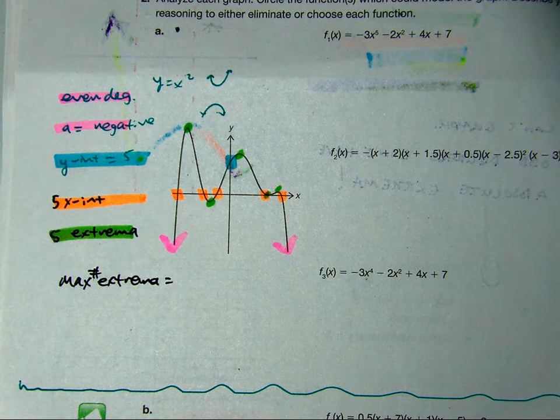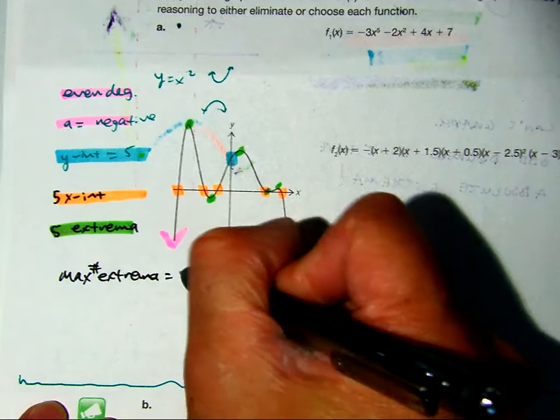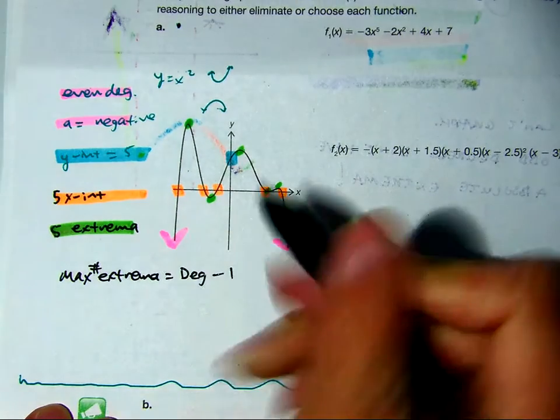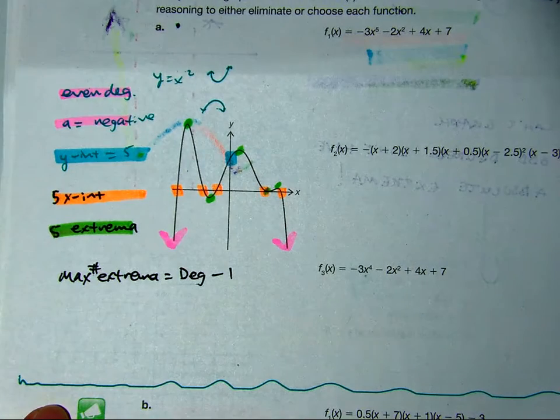Jeremiah, what did you write there? Do you know a formula that we used yesterday? Past couple days, max number of extrema is equal to? Degree minus 1 is correct. So if you don't have that on your formula sheet, copy it down now.